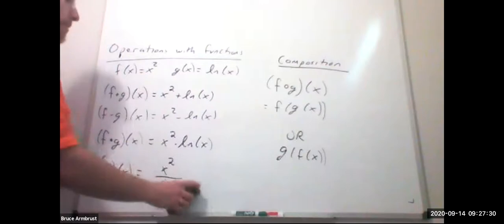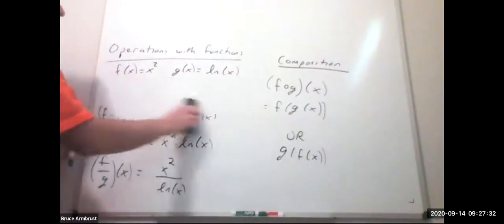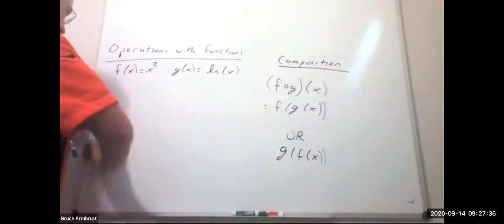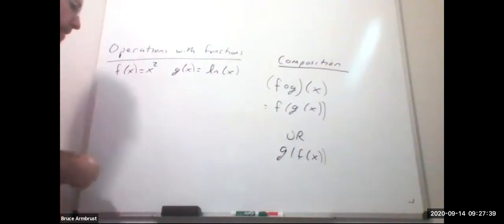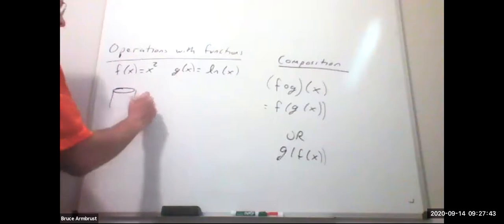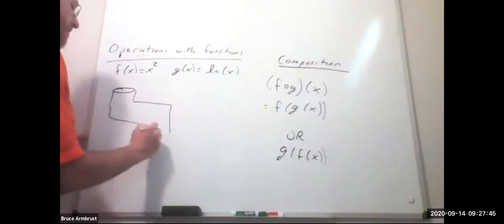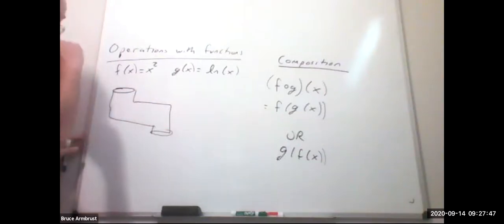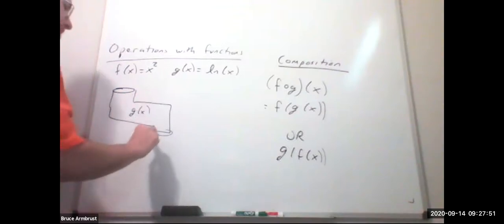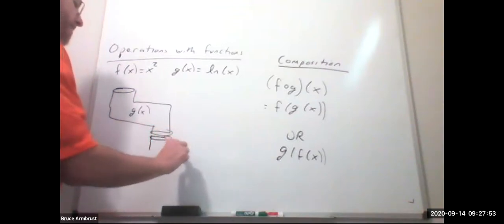So let me show you how these work with the functions that I gave you. And you probably saw a picture like this. I like to think of functions as machines. Okay, so like let's say that this is the function g. And then what we're going to do is we're going to attach a function f.